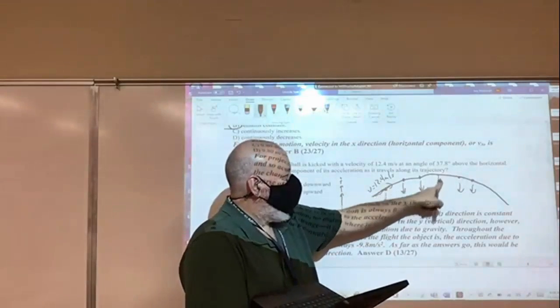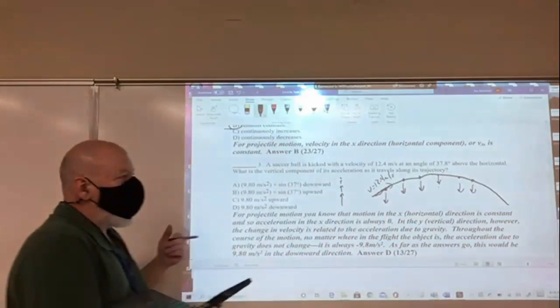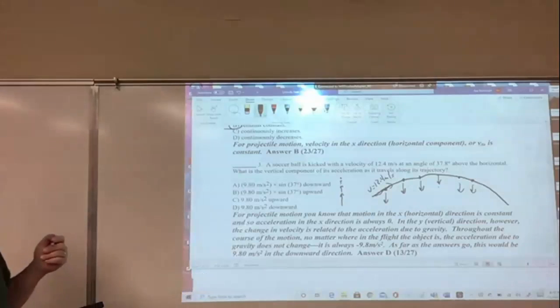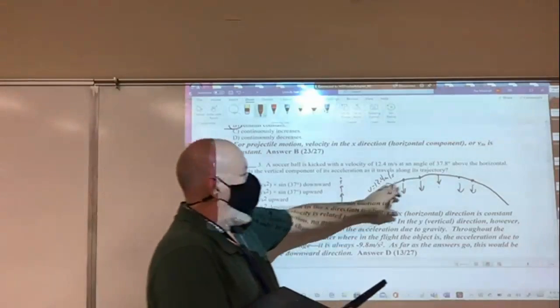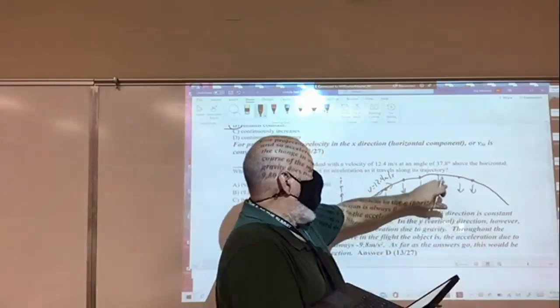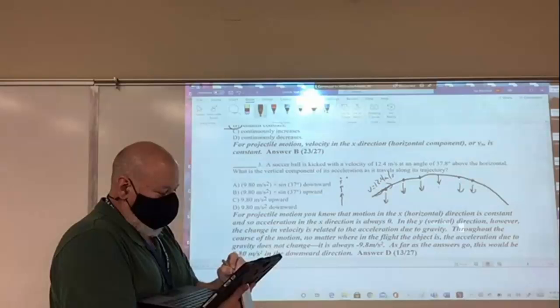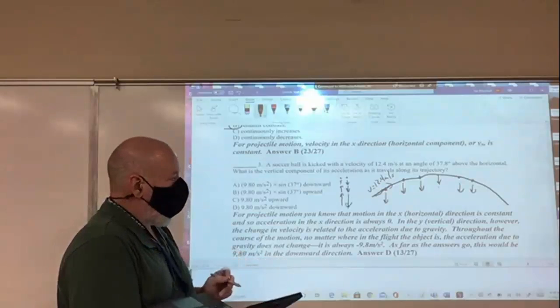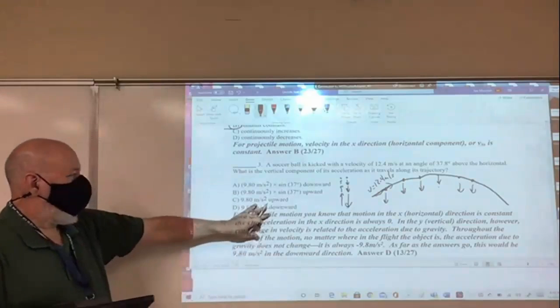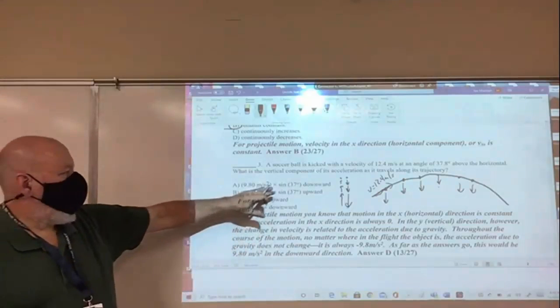But remember, gravity hasn't changed. It's still there. And so everywhere along this path, it's 9.8 meters per second squared. And then as it goes back down again, the velocity in the vertical direction speeds up again, right? Okay? So this can be confusing.